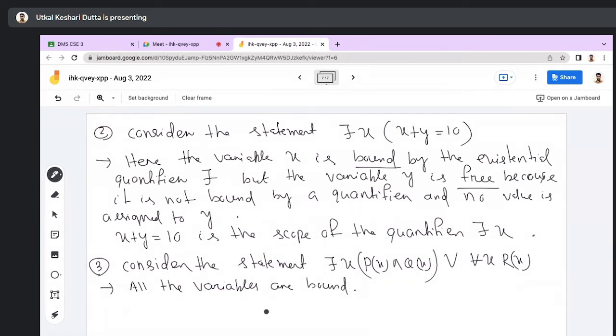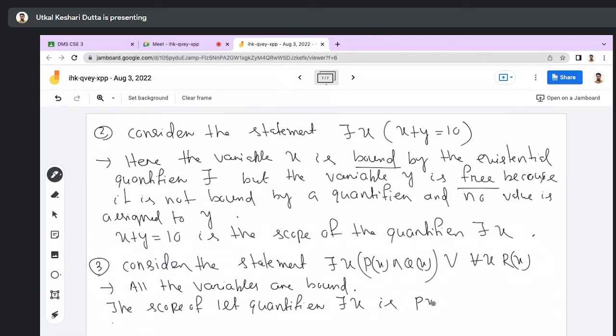Okay. Then what about the scope? There are two quantifiers, one existential and one universal, so the scopes will be different. The scope of the first quantifier, the existential one, there exists x, is applied to what?